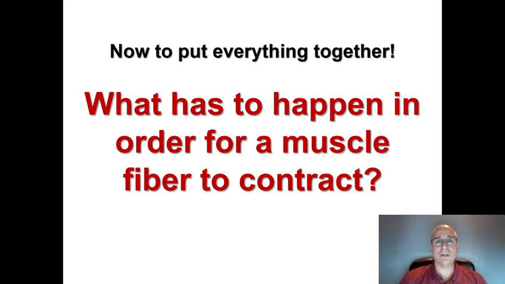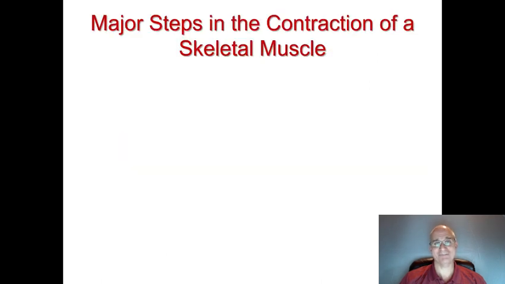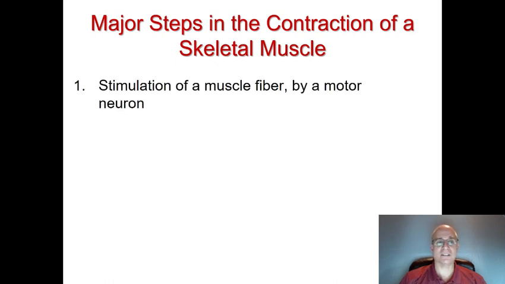So now in this video, we're going to put it all together, and we're going to talk about those things that have to be involved with getting a muscle to actually contract. Now, please pay attention, because when we talk about the major steps in the contraction of a skeletal muscle, there are 2 important steps. The first of which is stimulation of a muscle fiber by a motor neuron.